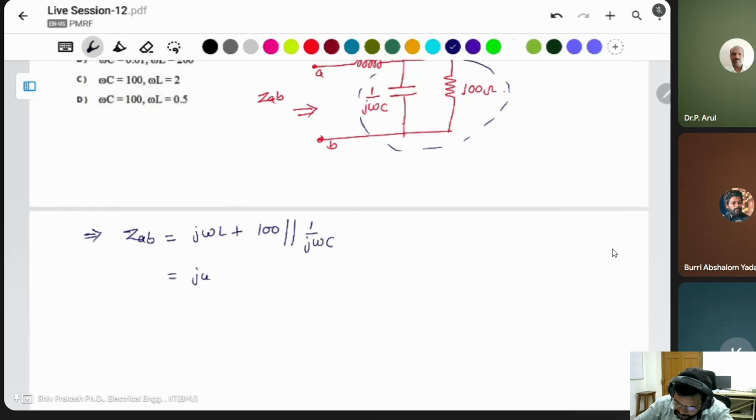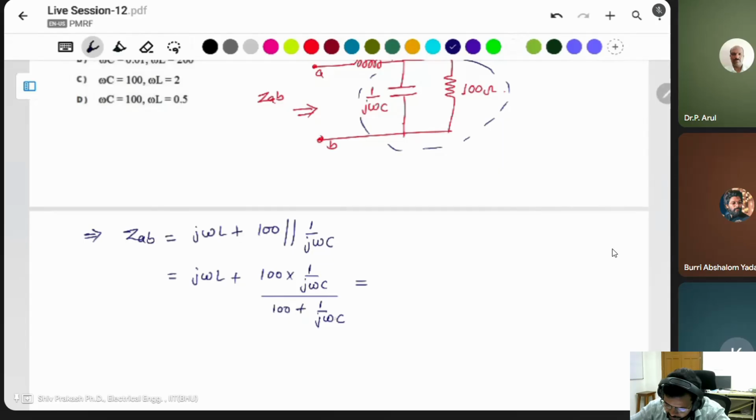This will be j omega L plus 100 into 1 upon j omega C divided by 100 plus 1 upon j omega C. This is the parallel combination.